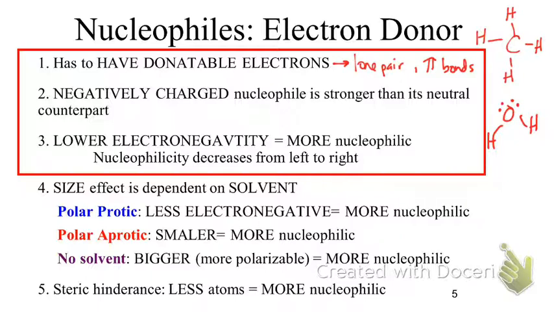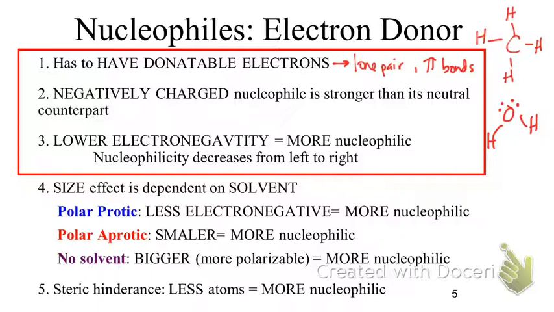The next thing we could look at is lower electronegativity is typically more nucleophilic. And this one seems kind of contradictory. If we have a lower electronegativity, what does that mean as far as grabbing electrons? Not likely. It's not likely to grab the electrons. If I'm looking at a nucleophile, what do I want it to do? Give them up, not grab them.